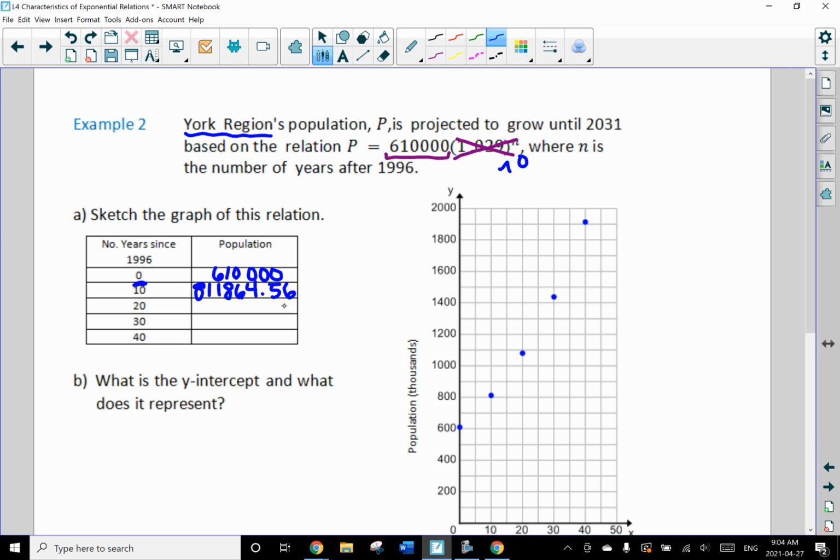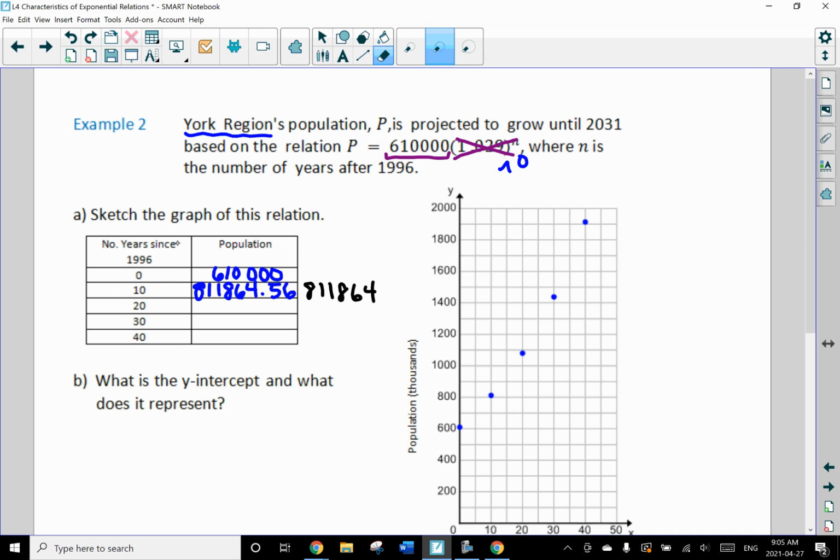Because if this 5 should say that we round that 4 up to a 5, but I can't magically create a person. So I would leave this if I were graphing or if I were stating this information as an answer, which is good to know for some of our word problems. I would leave it as that. Even though the 5 normally would round that 4 up, because we're talking about people, you can't create more of a person. So when we're talking about populations, you leave them at the lowest value.